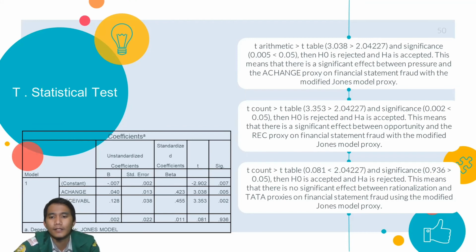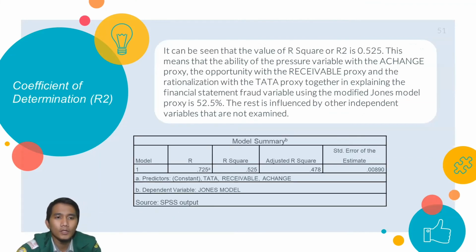This means there is no significant effect of rationalization on financial statement fraud. Coefficient of determination R2: the R square value is 0.525, explaining the financial statement fraud variable using the modified Jones model proxy at 52.5%. The rest is influenced by other independent variables that are not examined.